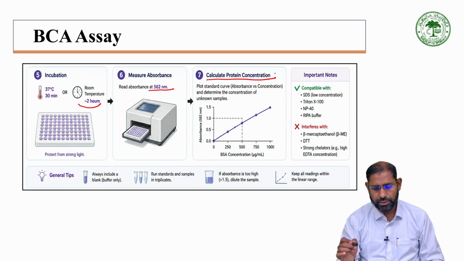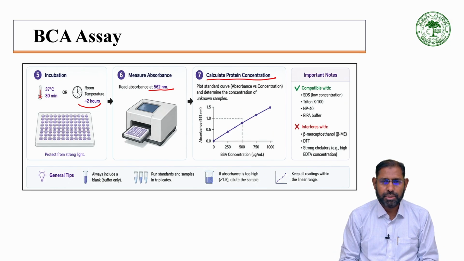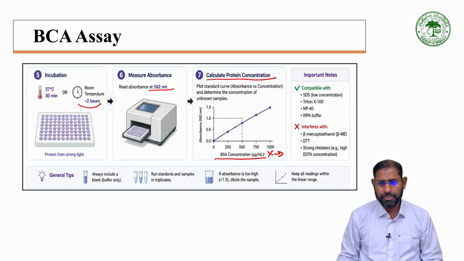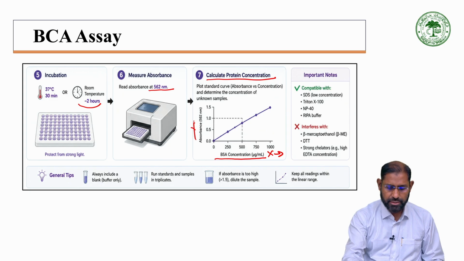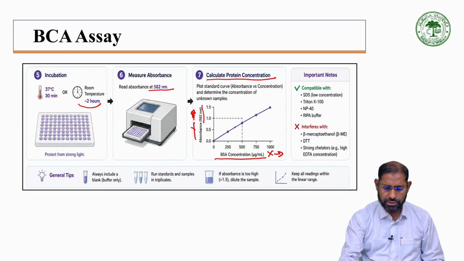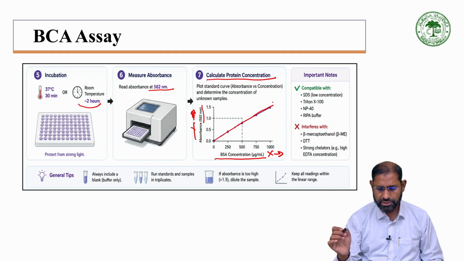To calculate the protein concentration, we draw a standard curve based on the absorbance and the concentration of BCA. This is the x-axis, with BCA concentration in micrograms per ml, and this is the y-axis, with absorbance at 560 nanometers, and we get a straight line graph for the standard.